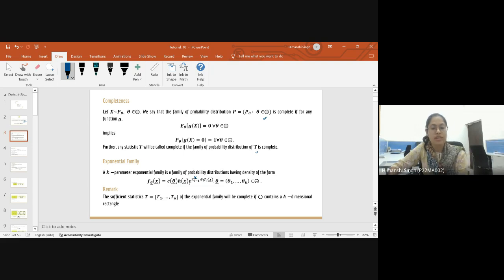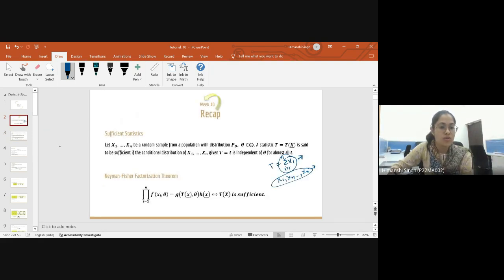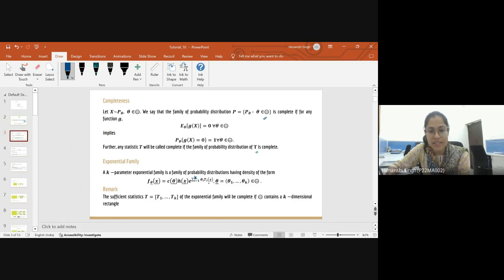If we can see through the density only, by Neyman's factorization theorem, which we have studied, we can say that these T_i are the sufficient statistics. So T1, T2, ..., TK is a sufficient statistic for this family.